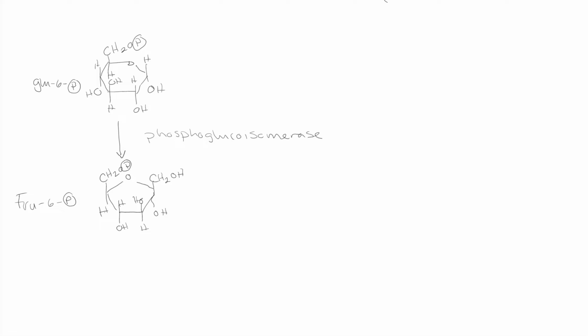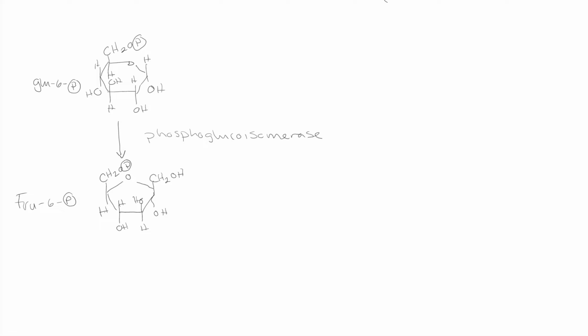The second step is a common type of metabolic reaction: an isomerization of a sugar. In this particular case, the carbonyl oxygen of the glucose 6-phosphate is shifted from C1 to C2. That's all we're doing. This amounts to an isomerization of an aldose to a ketose, which is our fructose 6-phosphate.